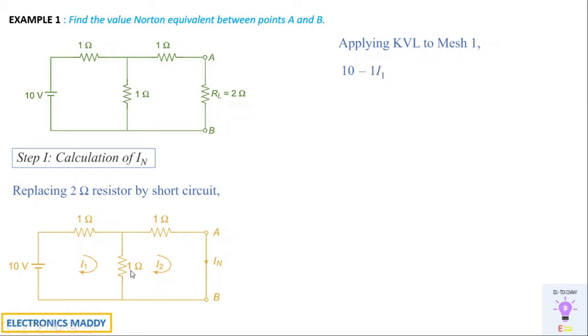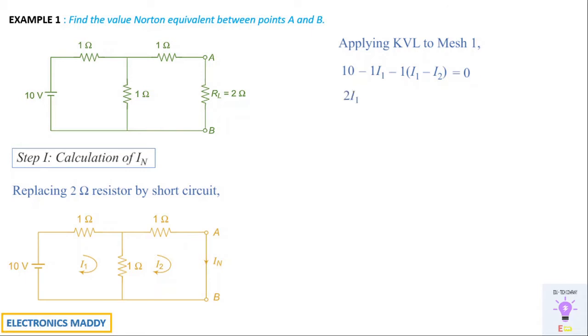Again, with respect to the other 1 ohm resistor, we designate this as plus and this as minus, so minus 1 into I1 minus I2, because we are applying this to loop 1 and I2 is in the opposite direction. Since I2 is also flowing in this resistor, we have to consider that. So I'll represent it as I1 minus I2, that is equal to 0. This is because the algebraic sum of EMFs in a closed loop is equal to 0 according to KVL.